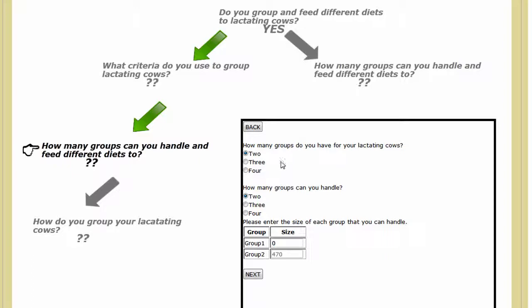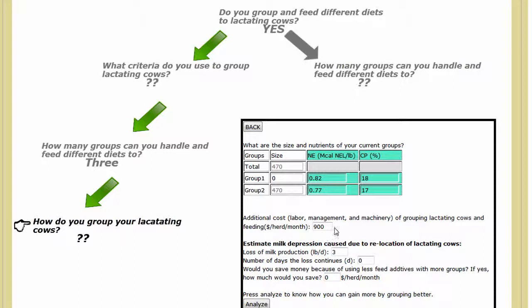Regardless of which grouping criterion is selected, you need to select the number of groups you currently have, the number of groups you can handle, then enter the number of cows you can handle in each group. The last window shows the final inputs.